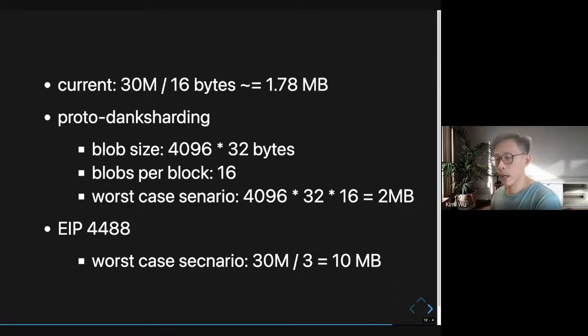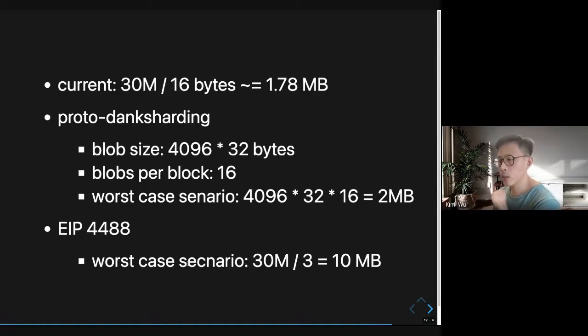And we can see the proto Danksharding spec here. Blob size is 4K multiplied by 32 bytes, and every block can have 16 blobs. So in the worst case, there will be 2 megabytes for each block. Now let's see EIP 4488, which reduces gas cost to 3.